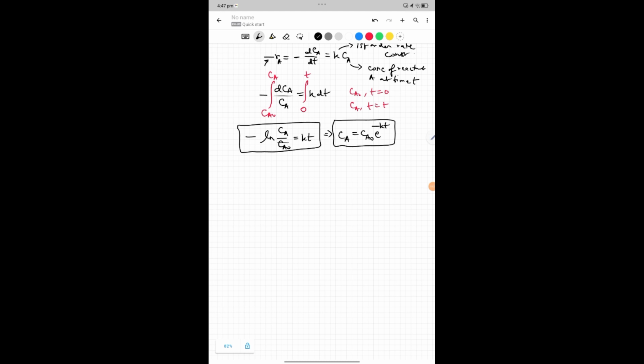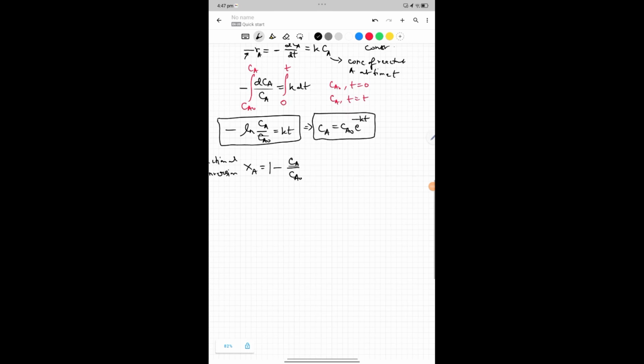If you remember the fractional conversion XA, or chi A, what did we write it as? We wrote it as 1 minus CA by CA0. This was in our previous lecture.